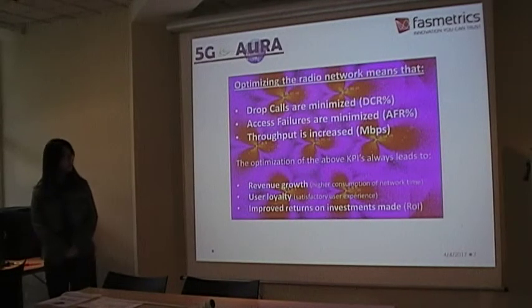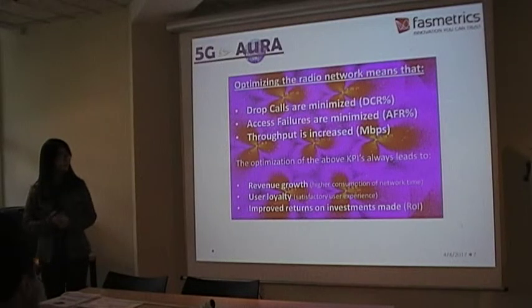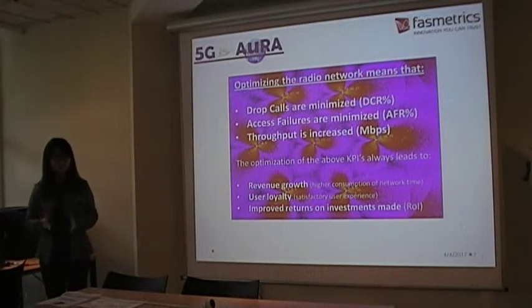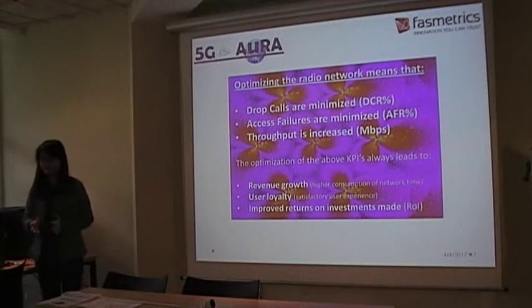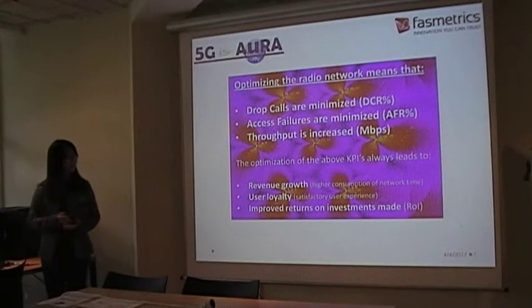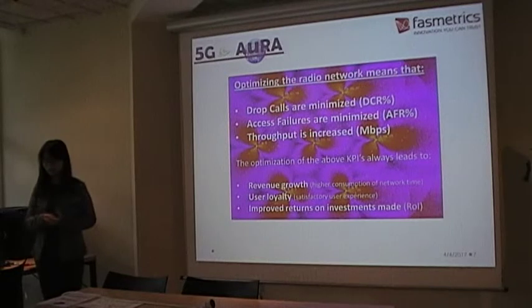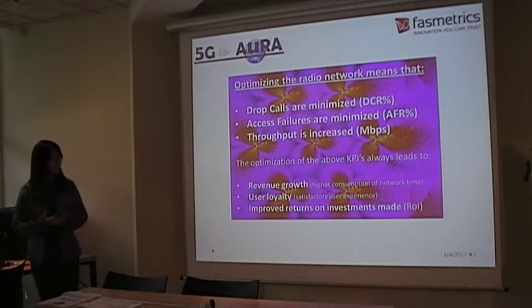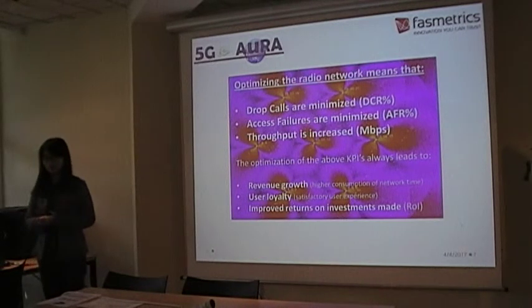So it is important for us to optimize the network systems. What that means is we should aim at keeping access fails and dropped calls minimized, and also improving the throughput for the mobile users across the whole network systems.